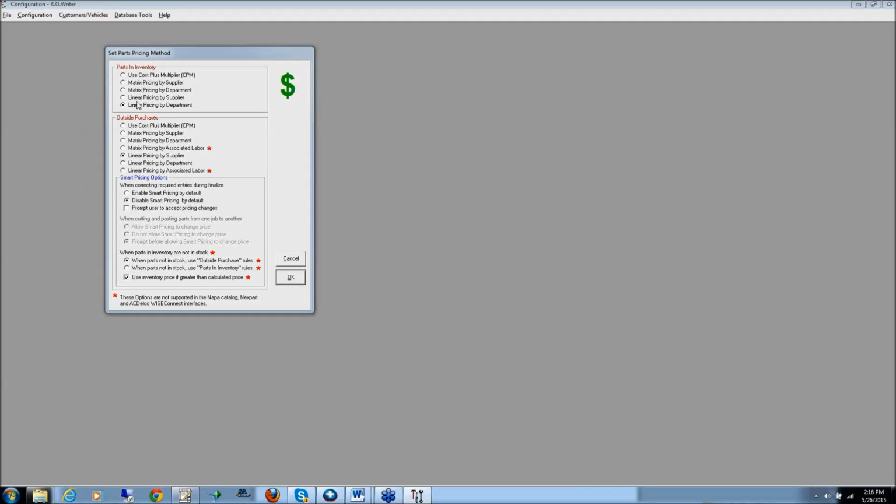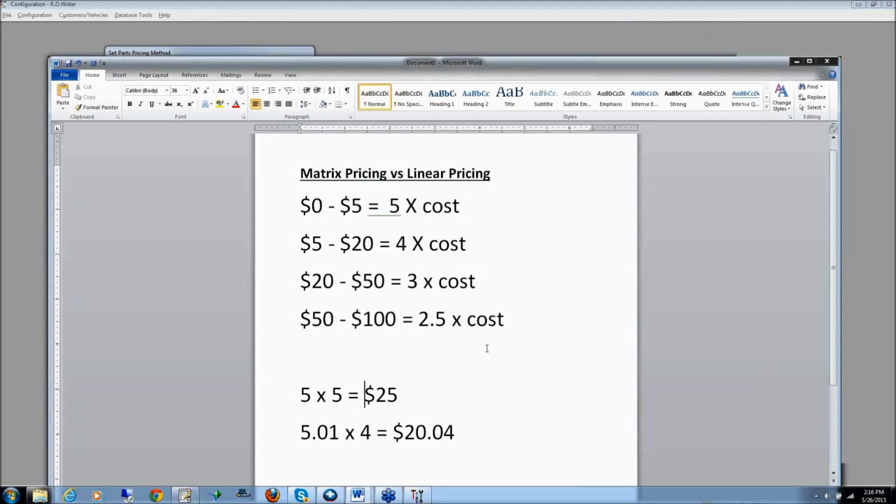The concept of the linear pricing rules is to eliminate this range, meaning don't cross over from 5 to 5.01 and immediately drop from 5 times to 4. So the concept of a linear price is there is no price range. There is simply a cost point, meaning at $20, we're going to sell something for 4 times. At 50, we'll sell it for 3. At 100, we'll sell it for 2.5.